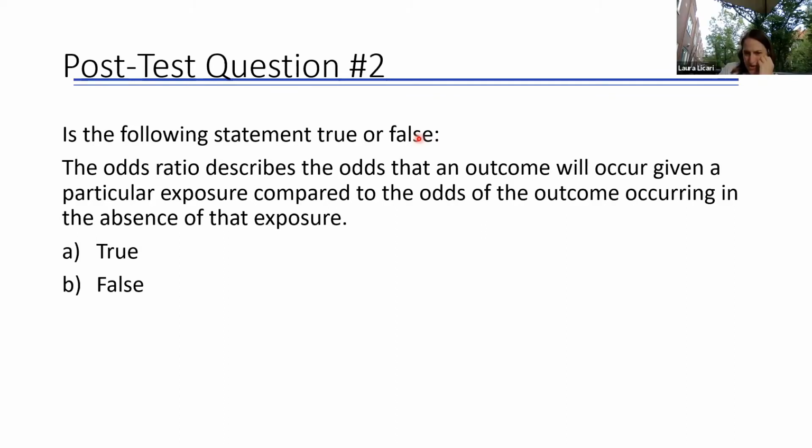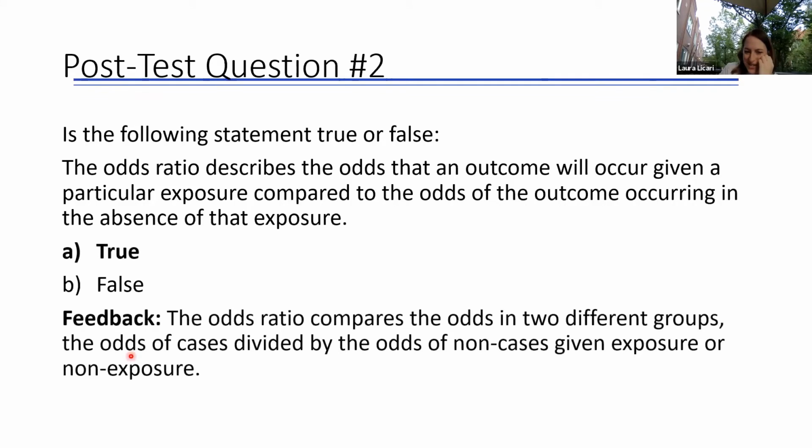That's true, I think. Yes. I will go with a confident true. Yes, that is true. The odds ratio does compare the odds in the two different groups, odds of cases divided by the odds of non-cases, given the exposure and non-exposure.